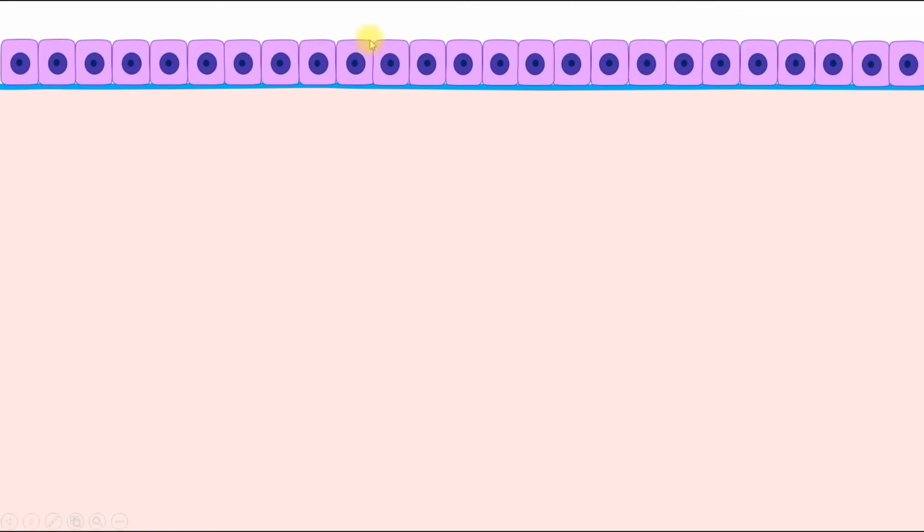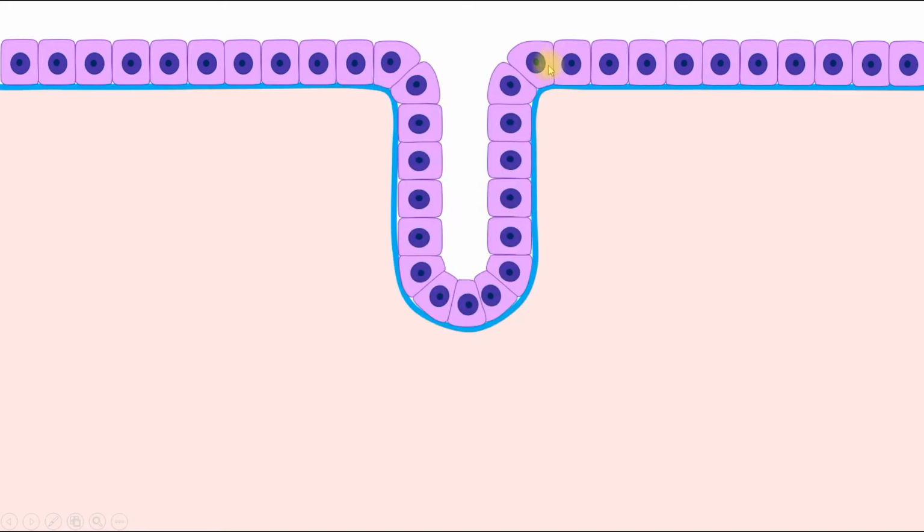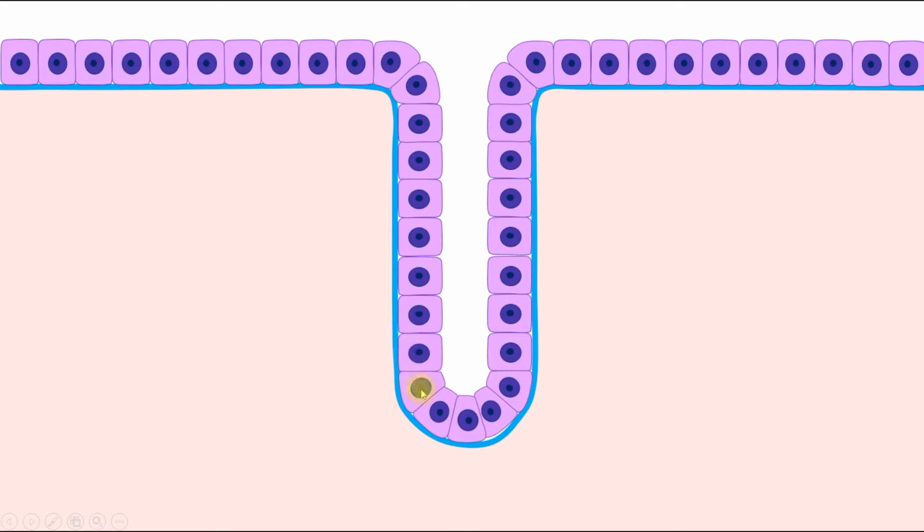So here we can see covering or lining epithelium, which is composed of usual epithelial cells, and in this place we can see formation of an invagination tubule which is growing in the underlying connective tissue, and this tubule goes deeper, and some cells of this tubule may become secretory cells. They produce something, and it's the formation of a simple tubular gland, an exocrine gland, because it has a duct. This duct provides excretion of those secretory products.